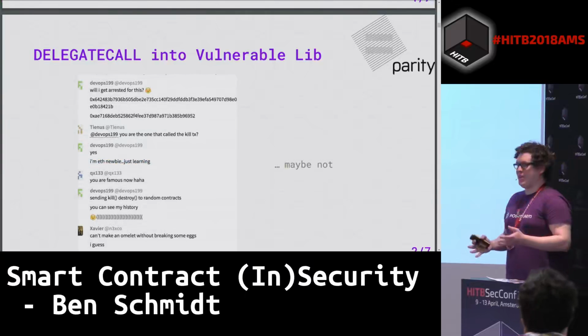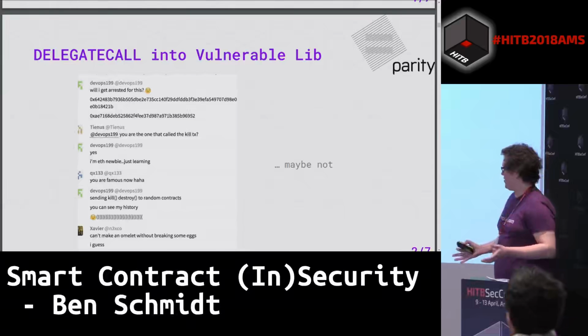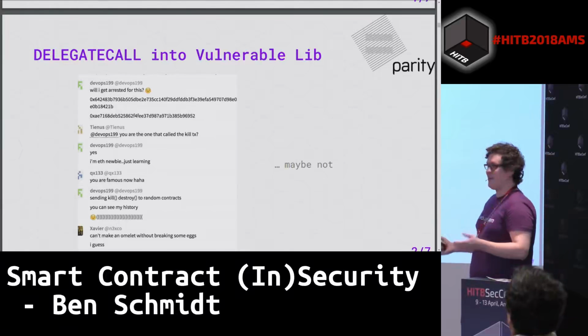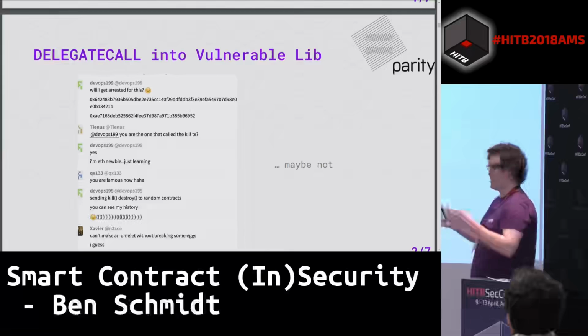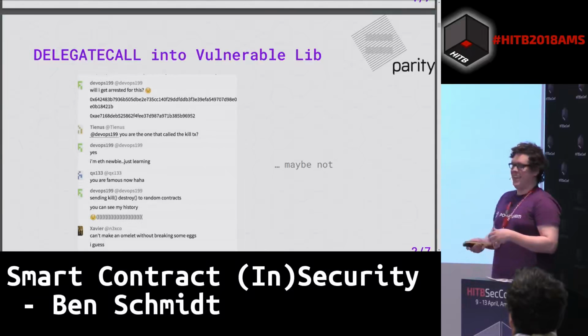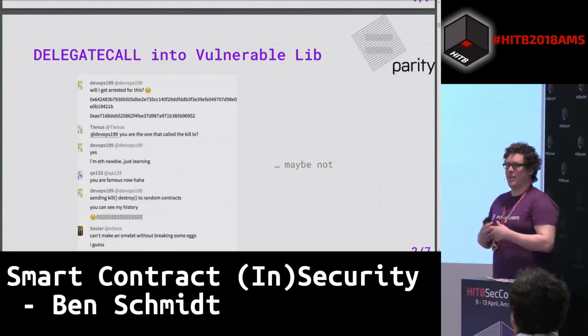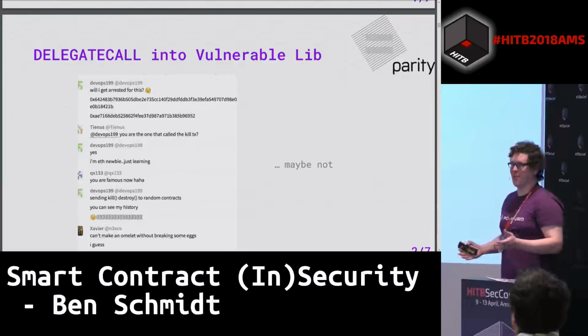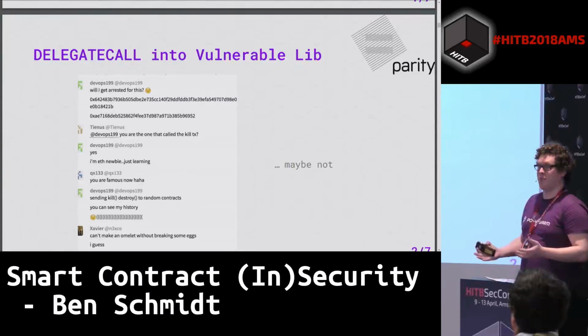It's hard to believe unless you go through the conversation, but he was just going around on the network trying to kill and destroy every contract he came into contact with. For some reason, this took out a bunch of people's multi-signature wallets and locked up a bunch of funds in a way that is essentially unrecoverable even today.